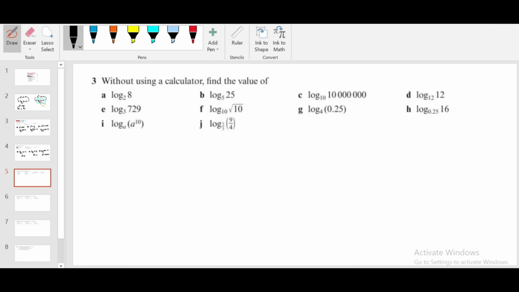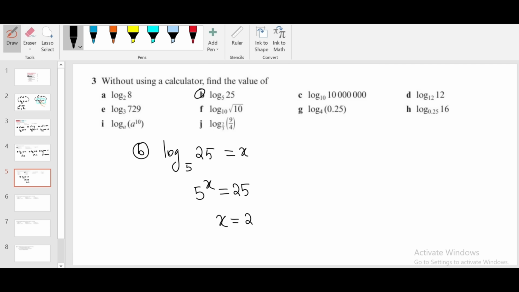Without using calculator, find the value of this. Actually, you are allowed to use your calculator, but still I will explain this, okay? Let's say B. When you have log 25 to the base 5, take it as equal to x. Rewrite using power. You can write it as 5 power x is equal to 25, right? And you know 5 square is 25, so x is equal to 2.